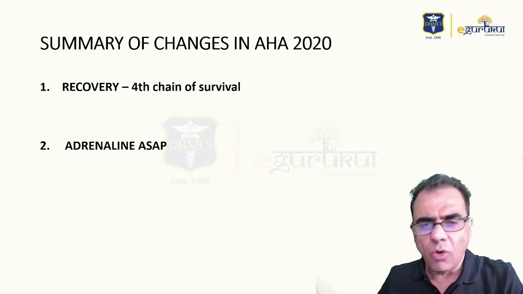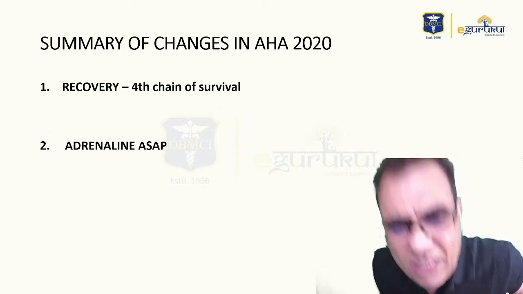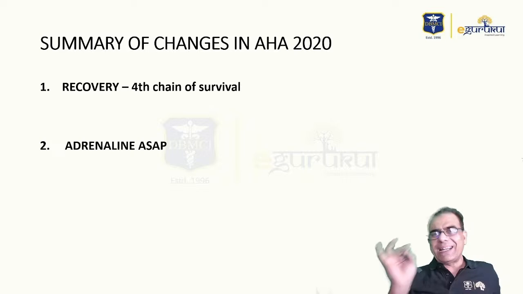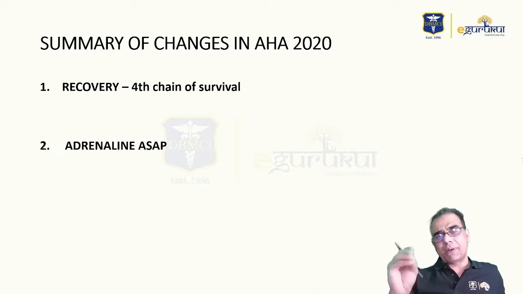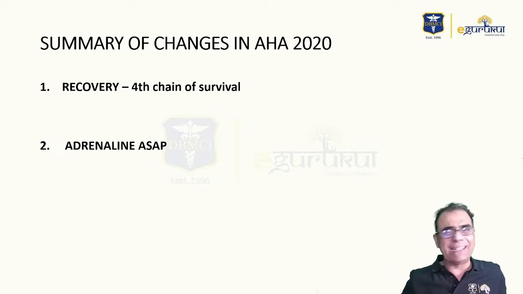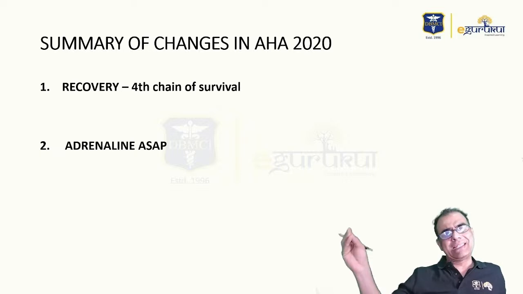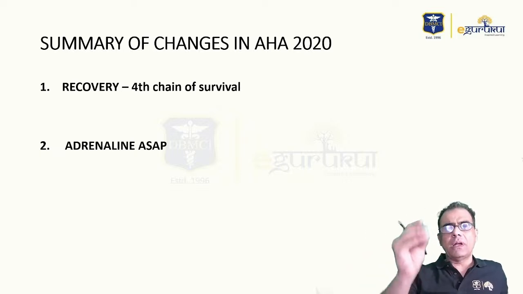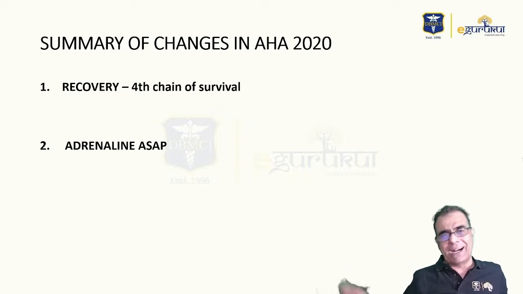CPCR, I'll not go into details, only the recent changes which have been made as per the AHA 2020 guideline. Previously there were 3 chains: basic life support, advanced cardiac life support, and post cardiac arrest care.